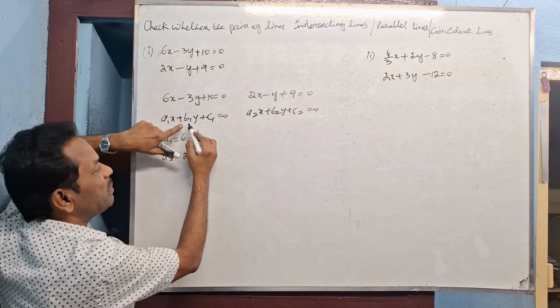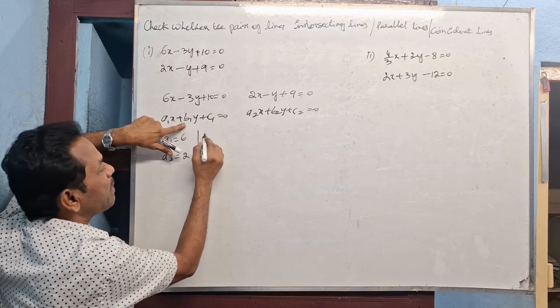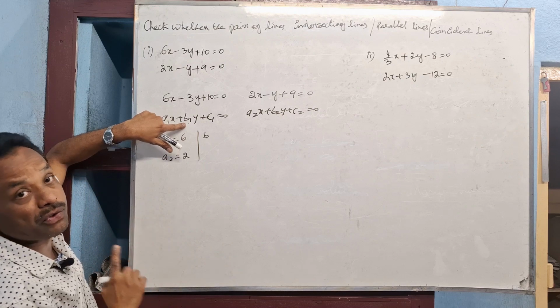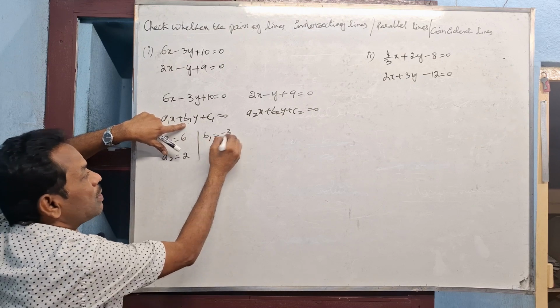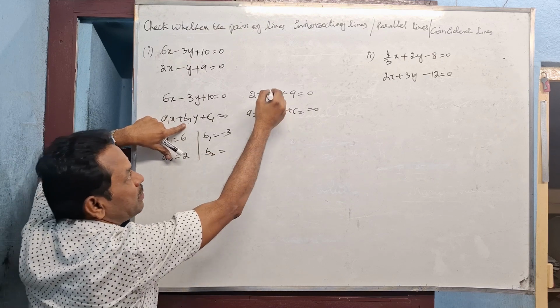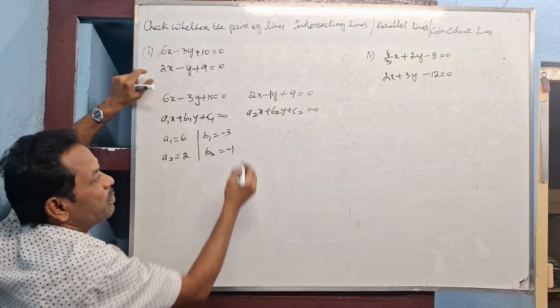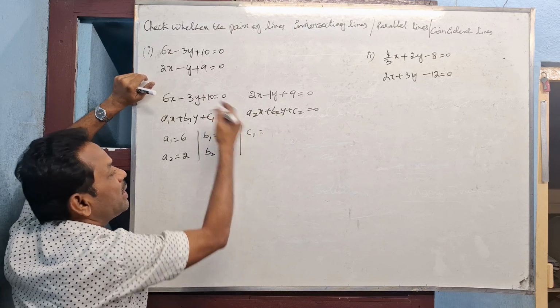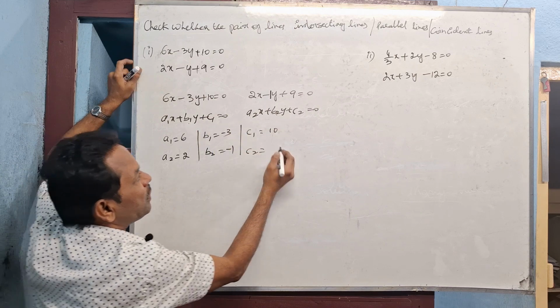Now bachcho, let me compare b1. b1 equals minus 3. Bachcho, you have to consider the negative sign also. Here b2 equals minus 1, you have to take minus 1 there. And c1 equals 10, and c2 equals 9.